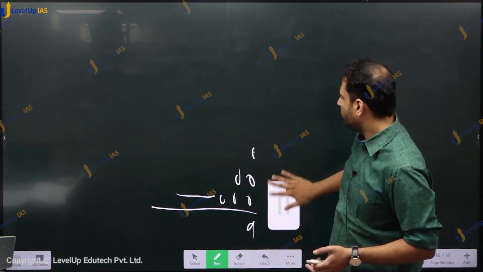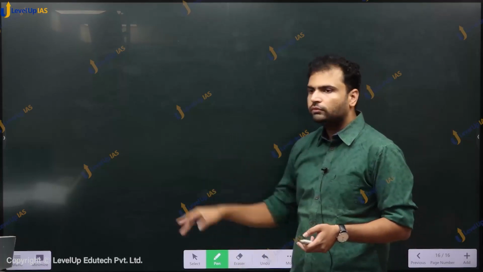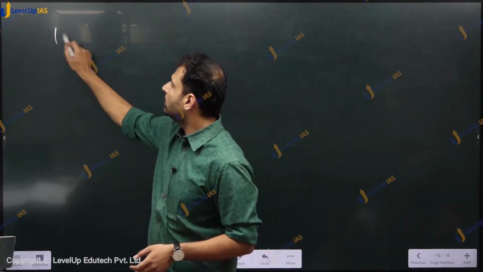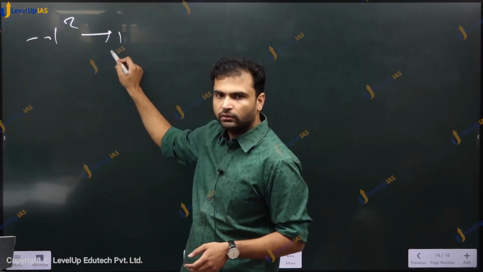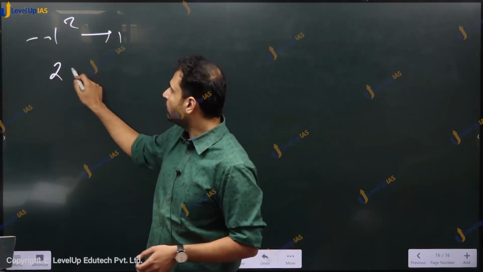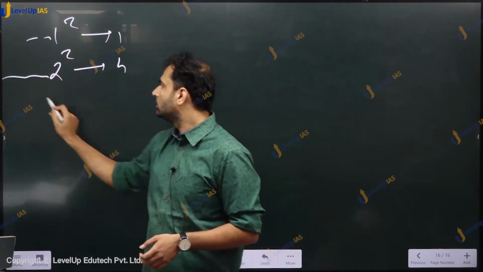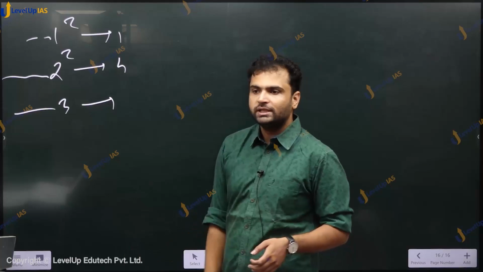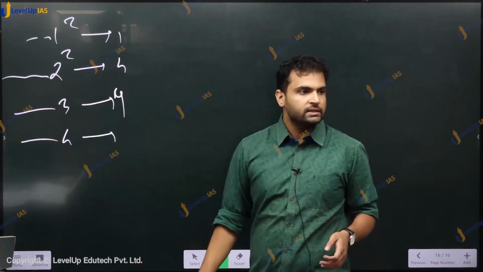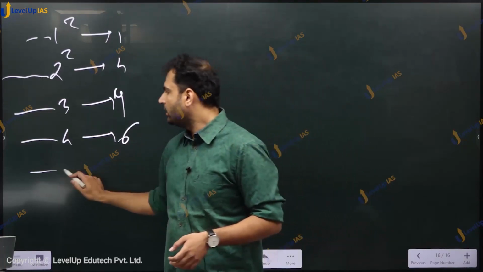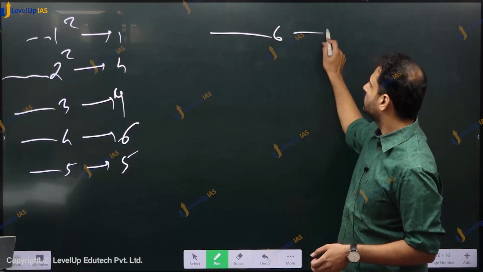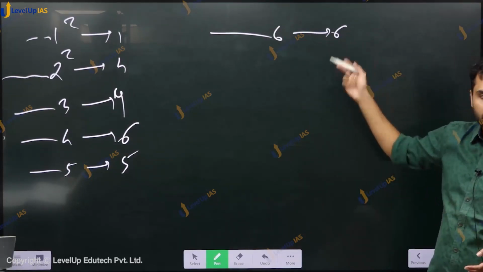Now we want to see what possible numbers are there for squares. If we have a number ending with 1, उसका end में क्या होगा? 1 होगा. If we have a number ending with 2, what would be the units place? 4. If we have a number ending with 3, units place 9. Ending with 4, units place 6. Ending with 5, 5. Ending with 6, 6 into 6, 36 आएगा.